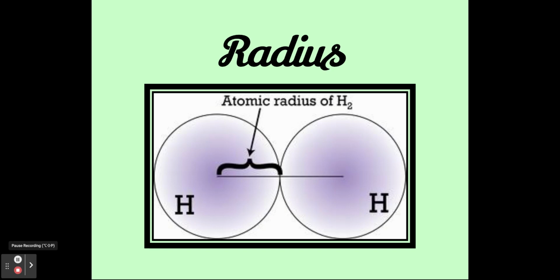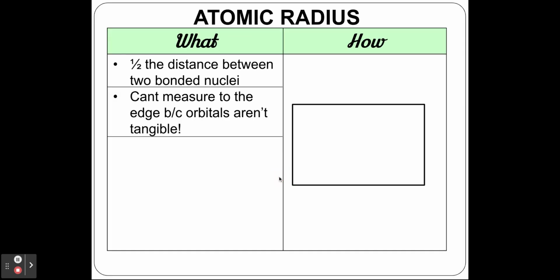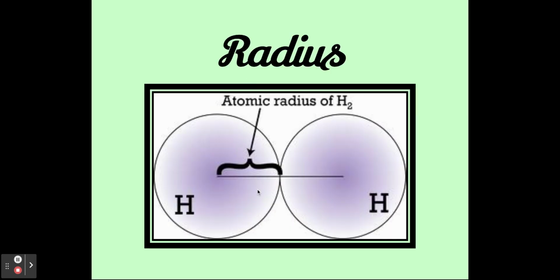Okay, so we're going to talk about atomic radius. So let's go on to atomic radius. So what is atomic radius? So atomic radius is 1/2 the distance between the 2 bonded nuclei. So if we go back here, we can't really measure the atomic radius of an atom. So we can measure the bond length of 2 homonuclear atoms, or atoms of the same type, so 2 hydrogen atoms. And so we measure that bond length, and we just cut it in half. So half of that would be the radius of your hydrogen atom.